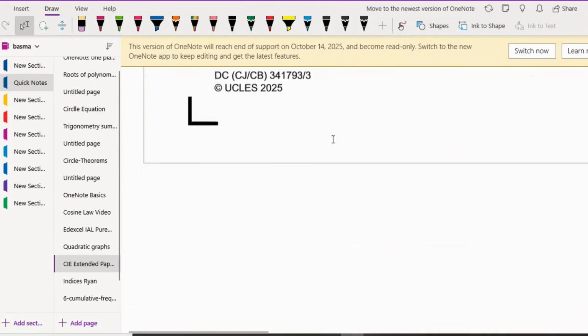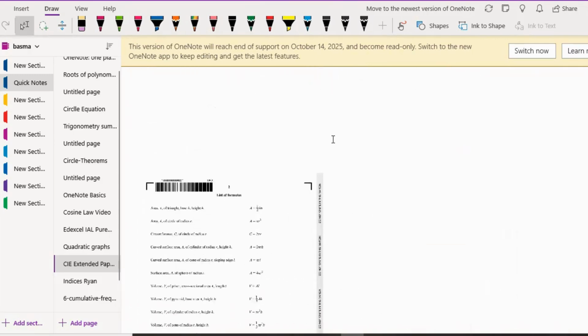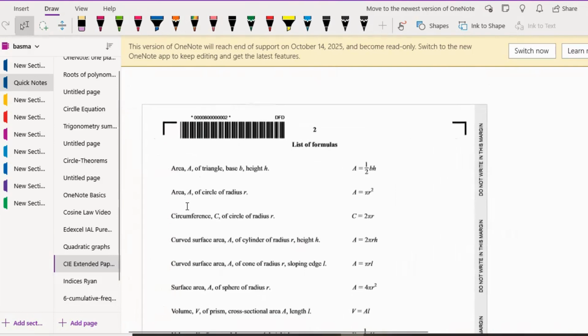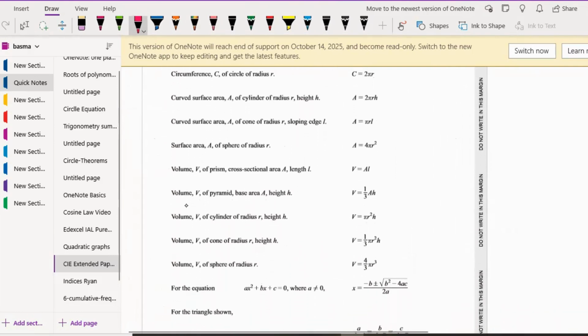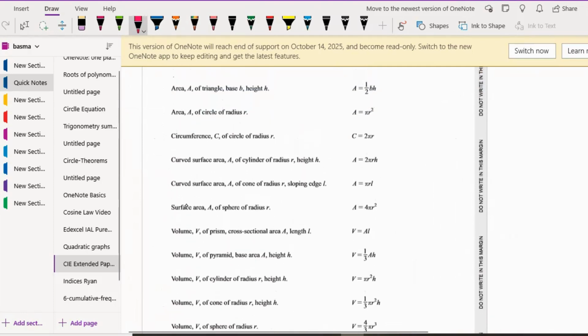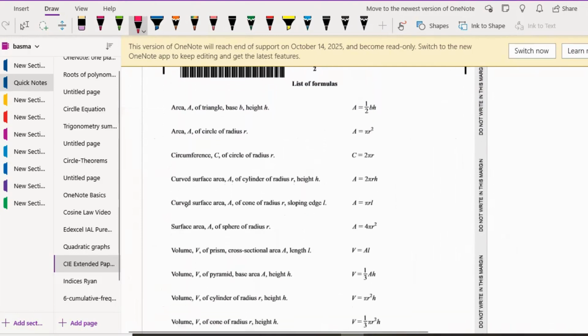To avoid the confusion, this is the formula booklet you have, and if you will see the surface area, where is the surface area for the cone? It's not here. Yeah, curved surface area of the cone, which is with radius r and sloping edge l is pi rl. Okay, that's pi rl, not 2 pi rl, that's pi rl.